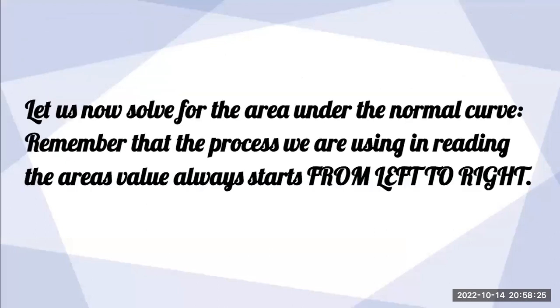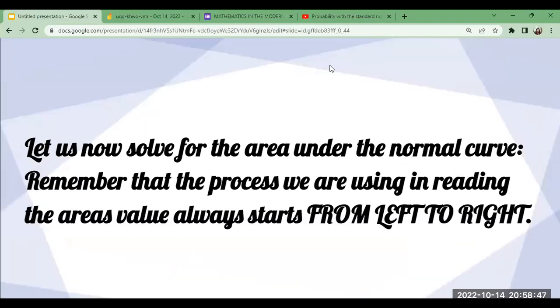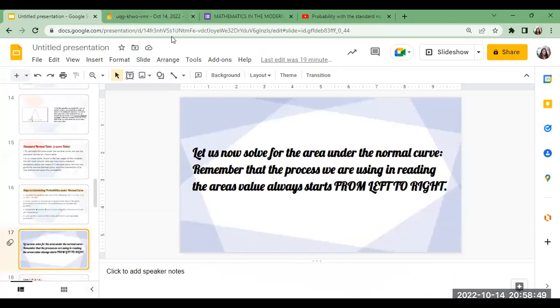So let us now solve for the area under the normal curve. Remember that the process we use in reading the area's value always starts from left to right. So in reading the table, we will start from left to right: your first column and then the top row. So let's have this one.